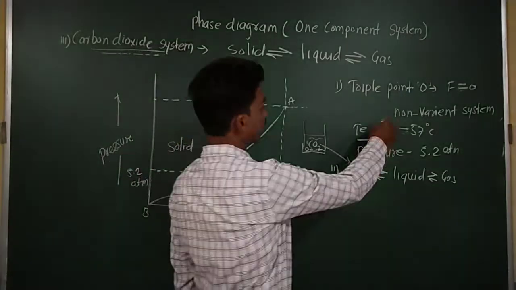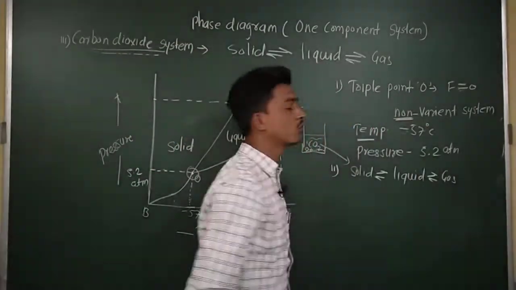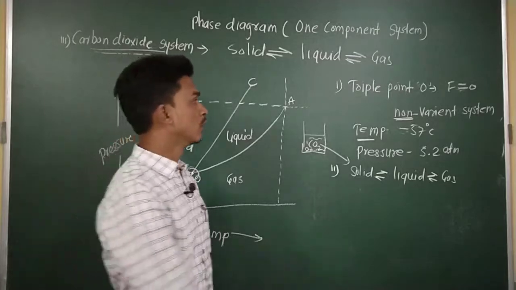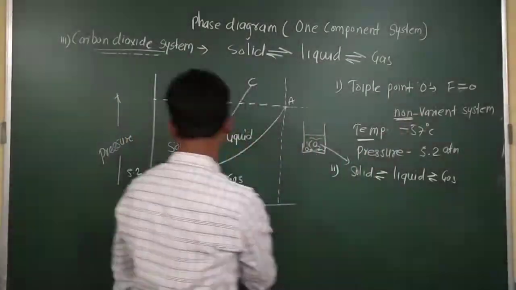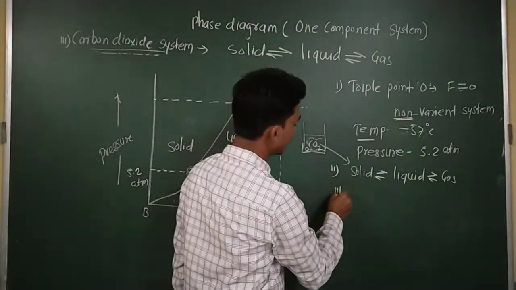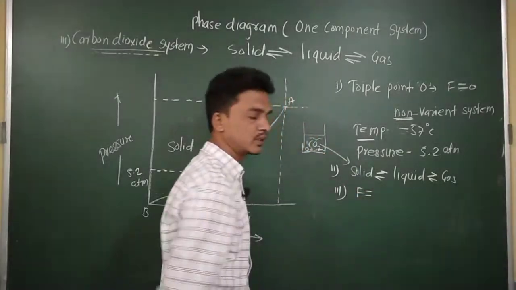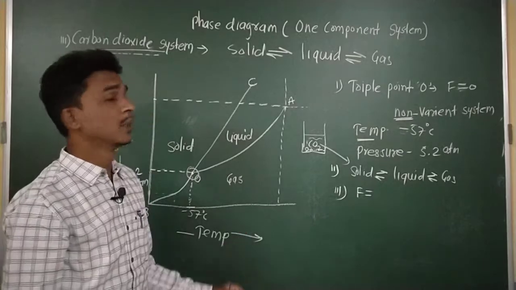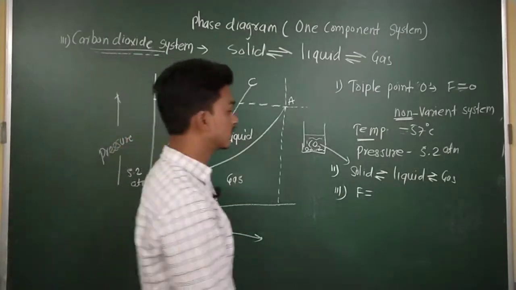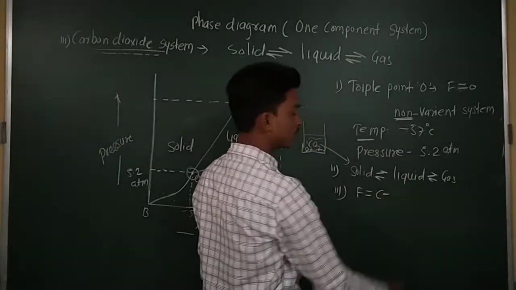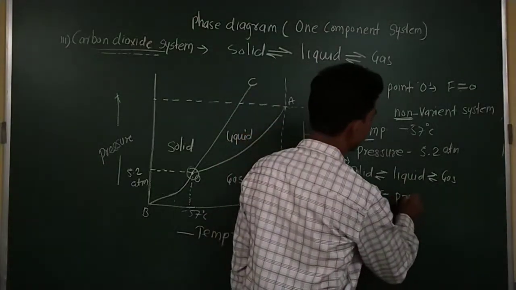Okay, so why am I saying this is non-variant and F is equal to 0? Because at this point, when I calculate the degree of freedom by using the phase rule, which is very important for the phase diagram, you have to remember this equation: F is equal to C minus P plus 2.